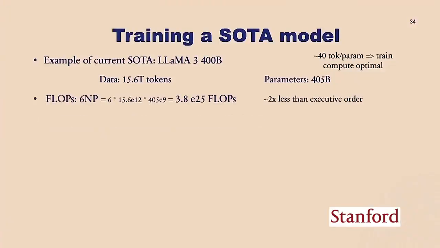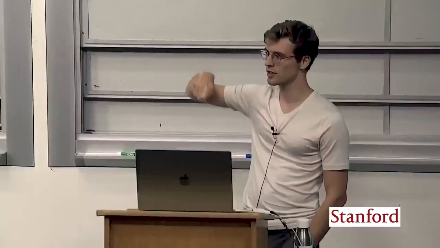They went 2x less than that. So they really went right below this to not have special scrutiny. I might be off by a little bit, but it's definitely under 1E26. P is parameters, N is data, number of tokens. This is just an approximation.